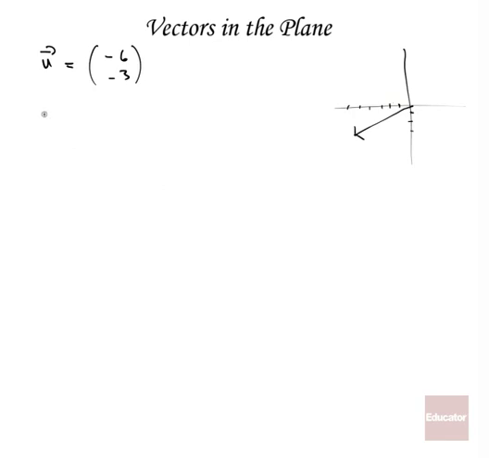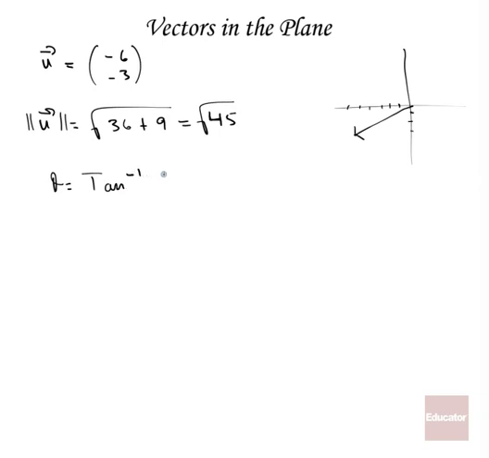So let's take the magnitude of u. Well, it is -6 squared, which is 36, plus -3 squared, which is 9, all under the radical sign, which gives us radical 45, if I am not mistaken. And our angle theta, here's where it's going to get interesting.